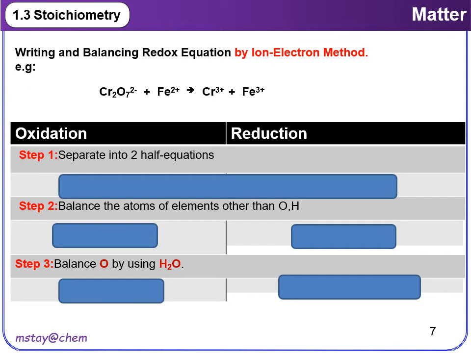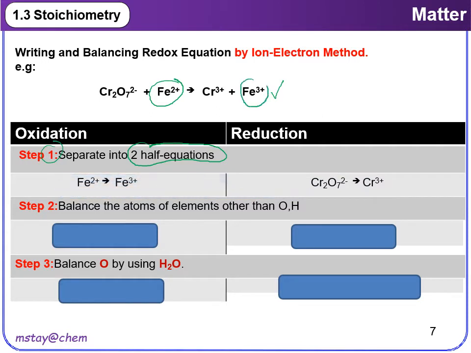Let's say now we are going to balance this redox equation. Step number 1, separate into two half equations. Basically Fe will be paired with Fe3+, while Cr2O7 2- will pair with Cr3+. So we have already done the first step.